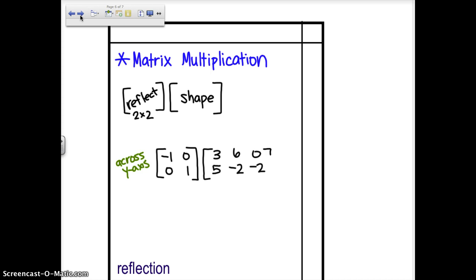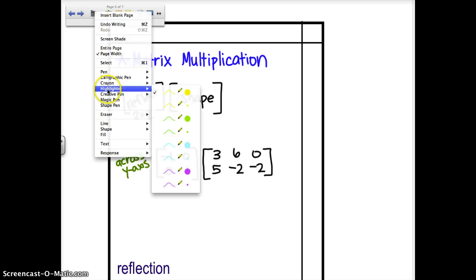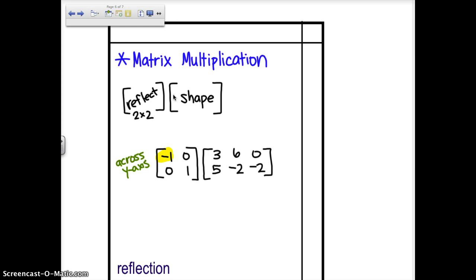Whenever you're doing this, your transformation matrix, here -1, 0, 0, 1, has to come before. It must always be first. What this matrix does is, this -1 changes the x value. This +1 keeps the y value the same. And I'll show you how that works as we determine what our new ordered pairs would look like.